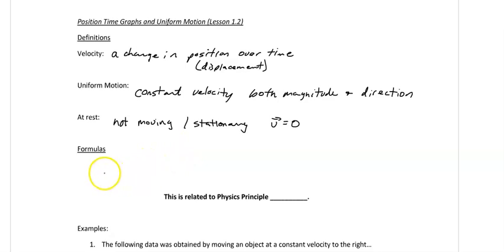Now, the formula that we have on our formula sheets shows delta v, with the arrow indicating direction, or a vector, is equal to delta d over delta t. That little delta simply means change, and you'll see that often on your formula sheets.